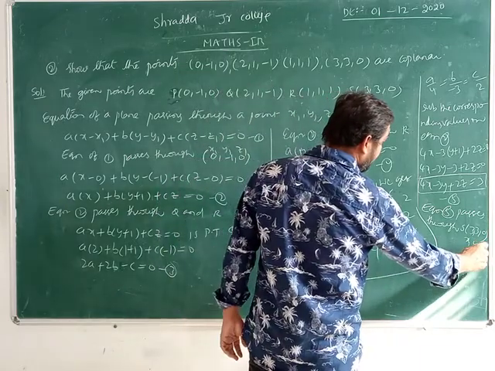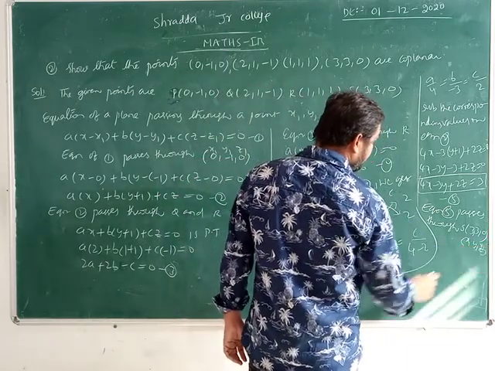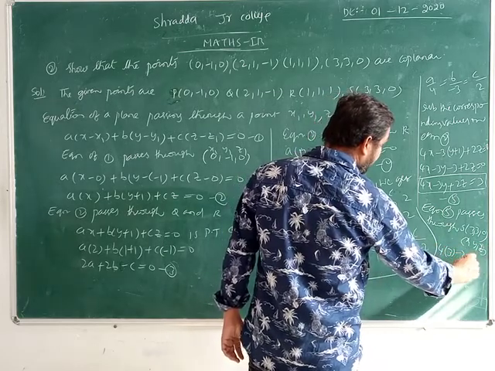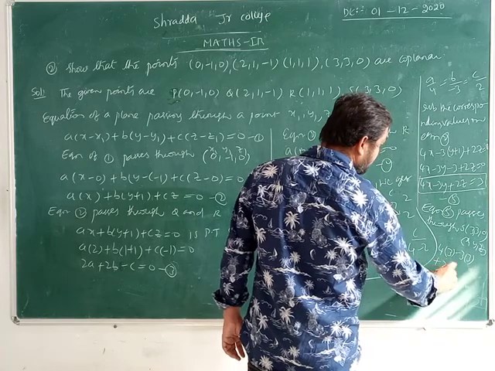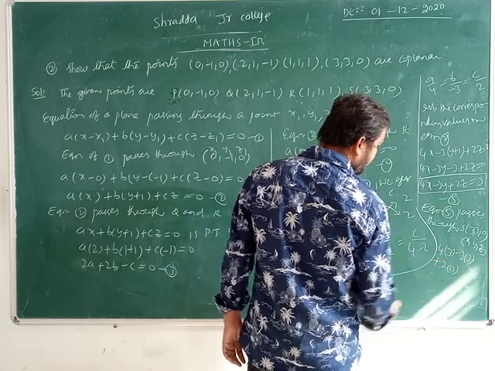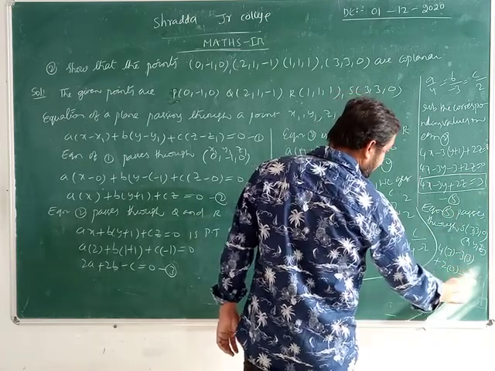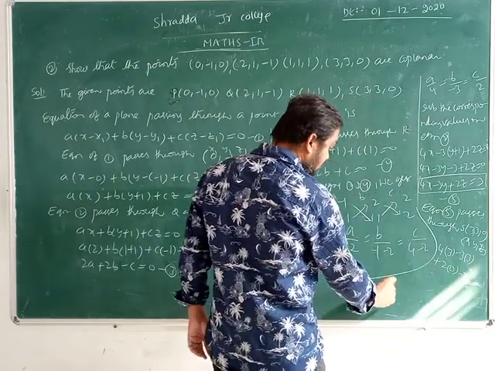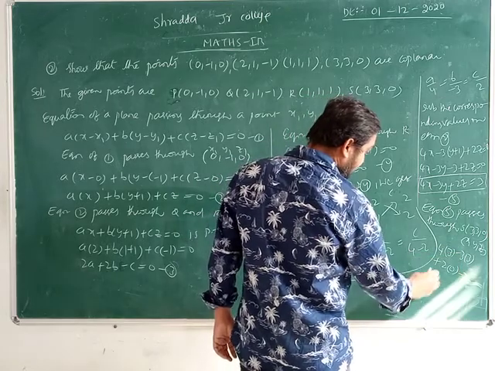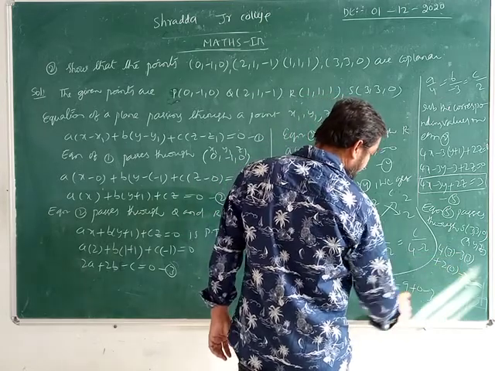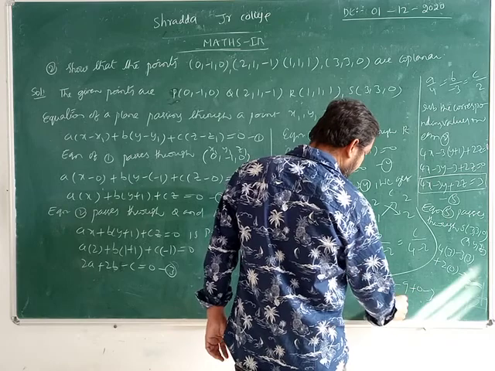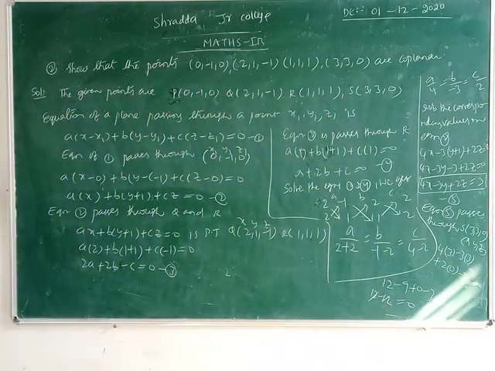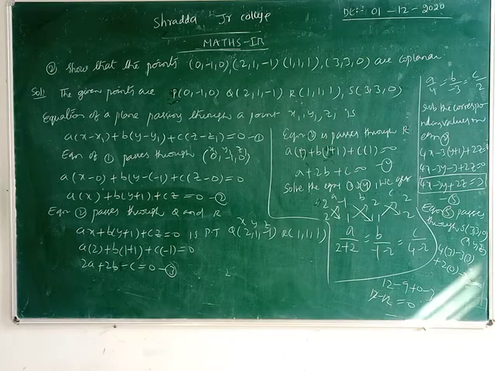Take this as x, y, z. So now 4 into x means 3, minus 3 into y means 3, plus 2 into z means 0. Now plus 3 comes this side, minus 3 equals, we have to show, 0. 4 threes are 12 minus 9, this is 0 minus 3 plus... 12 minus 12 gets cancelled, and it becomes 0. This is our required equation.